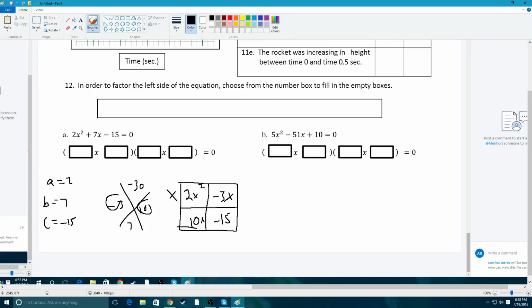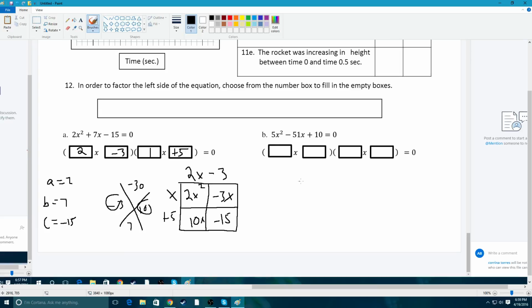The GCF of 10x and -15 comes out to a positive 5. The GCF of 2x² and 10x comes out to 2x. And the GCF of -3x and -15 comes out to -3. So your answer for this is (2x - 3)(1x + 5).